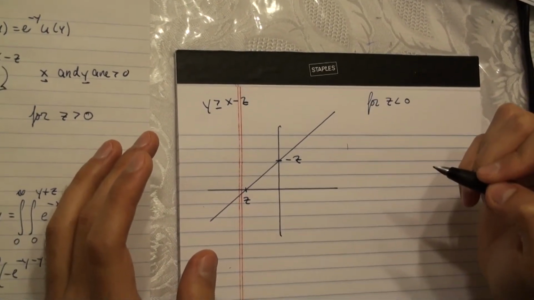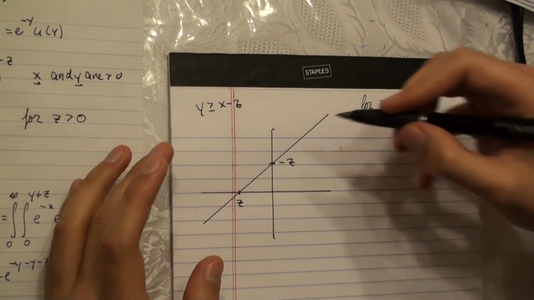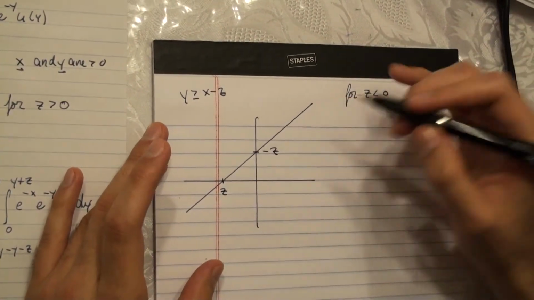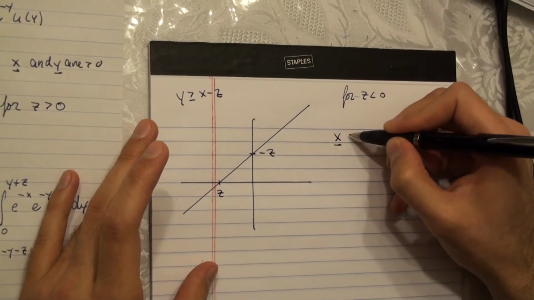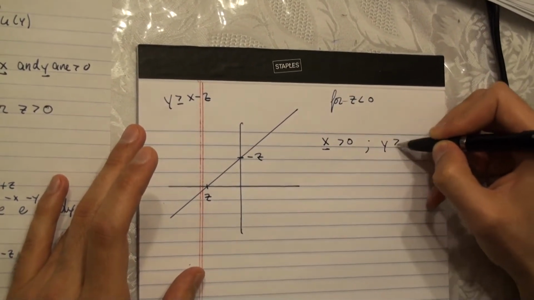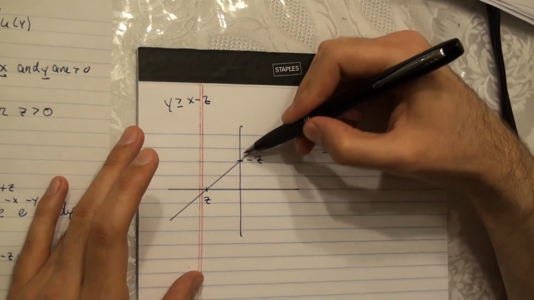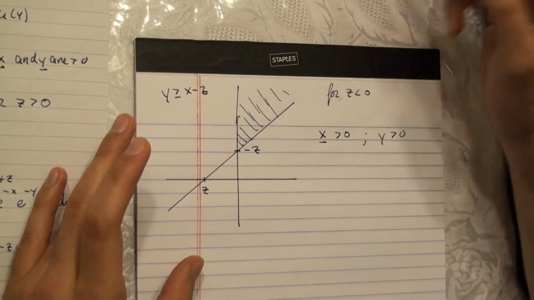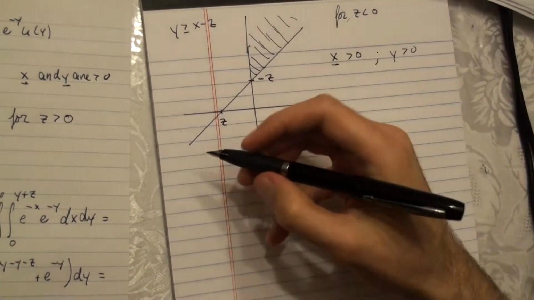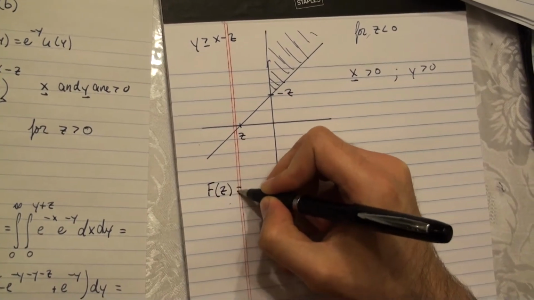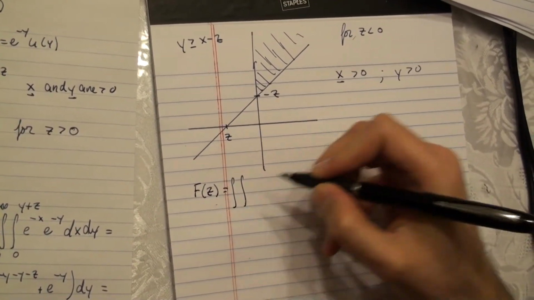Okay. So now the area that we have to consider is for x greater than 0 and y greater than 0. So that's only going to be in this region over here and beyond. So big F of z is equal to this integral.